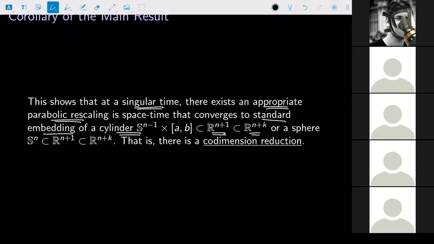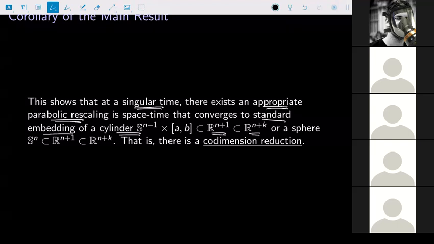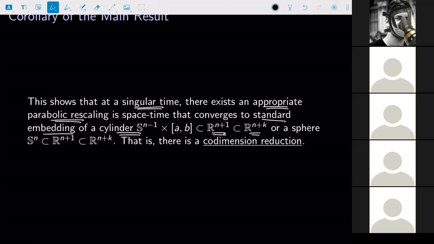Or possibly you can also converge to a sphere S^n, which is in R^(n+1) inside of R^(n+k). And notice here what we have is codimension reduction.